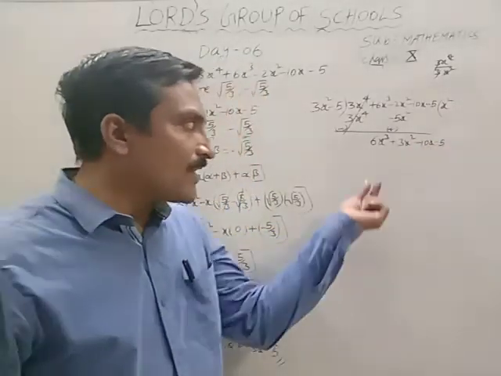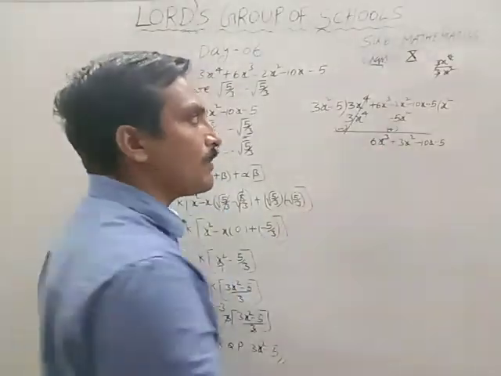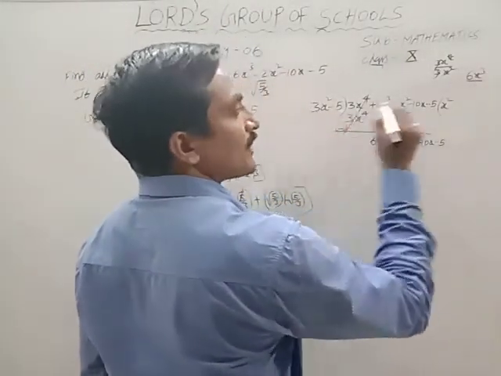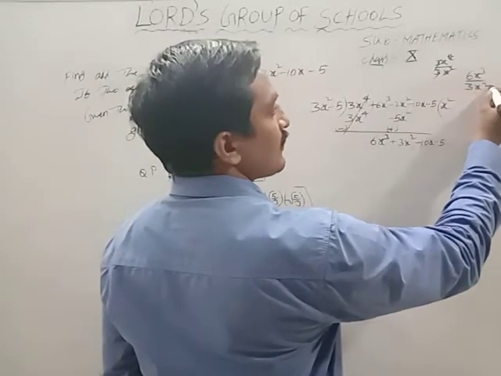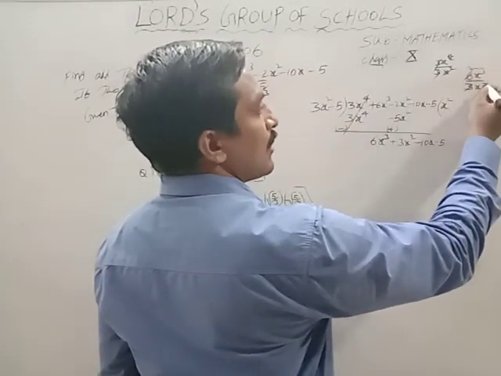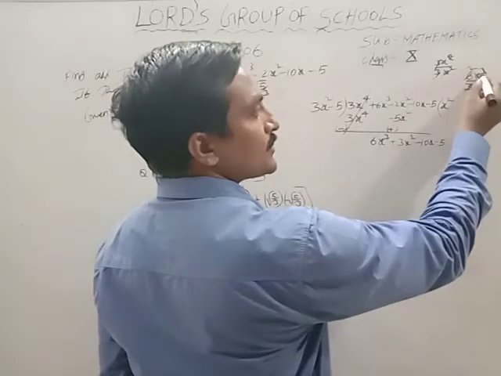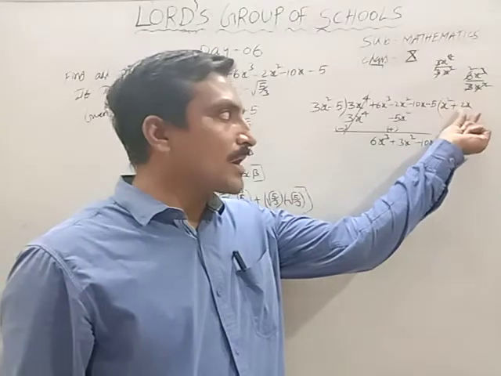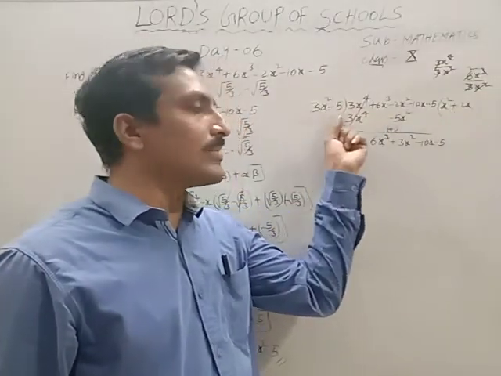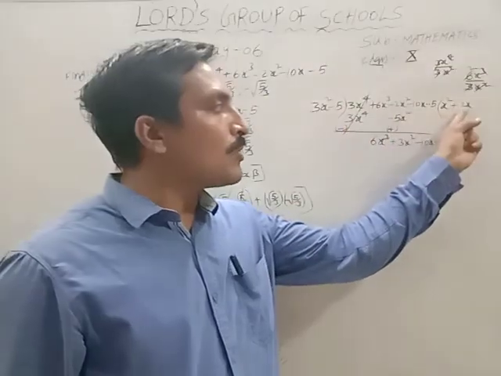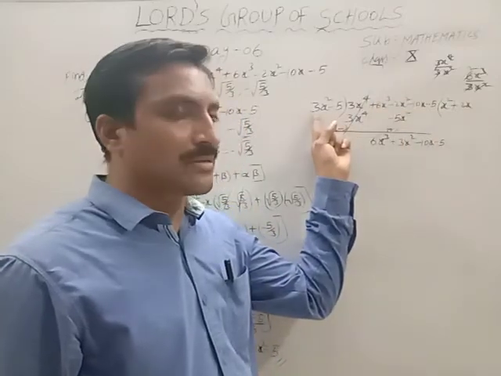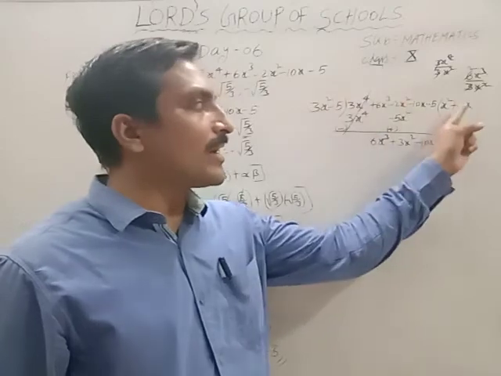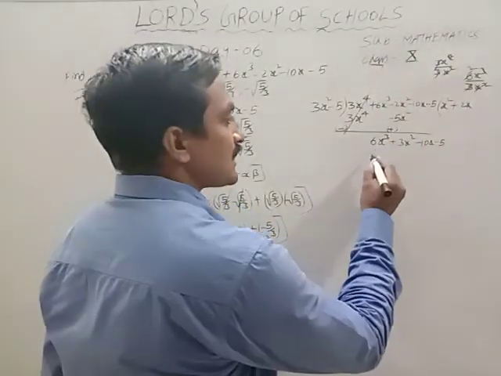In this part, the first term is 6x cube. This 6x cube is divided by the divisor's first term 3x square. 3 1s are 3, x 2 times cancelled, 1 time is left, means totally 2x is left. Now this is multiplied with each and every term of the divisor. 2x into 3x square: 2 into 3 is 6, x square into x is x cube, means 6x cube.